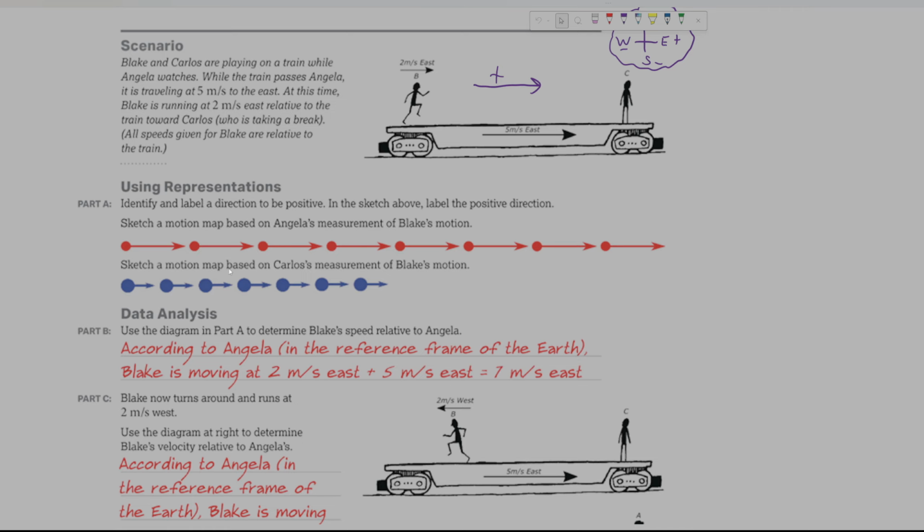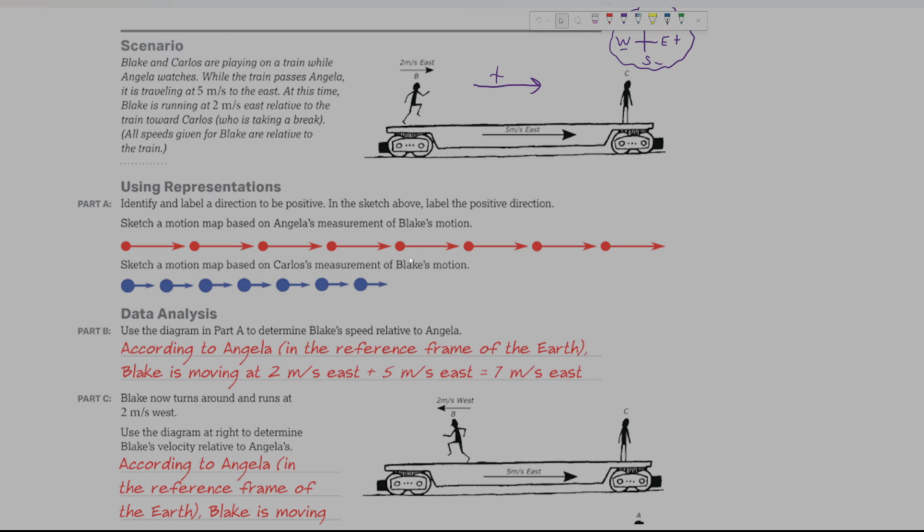Now, when you sketch a motion map based on Carlos's measurement of Blake's motion, Carlos is included in the 5 meters per second. And so Carlos is only seeing Blake's 2 meters per second. All right. And so Carlos would see Blake running a little bit slower than what Angela would see, since Carlos is not seeing the train's motion included.